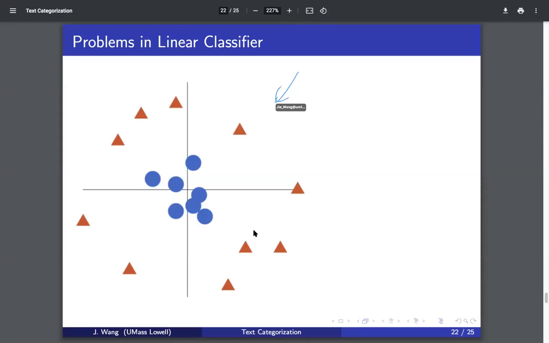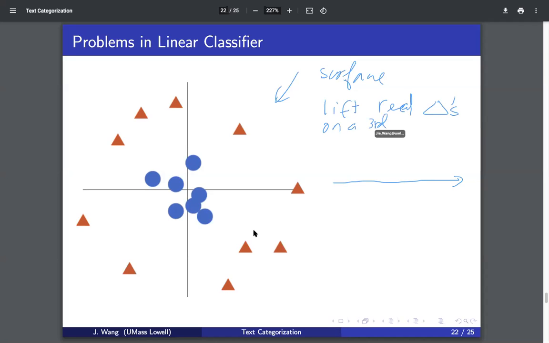If somehow we can lift these red triangles up, then if you look at a projection on this third dimension, it looks like this.